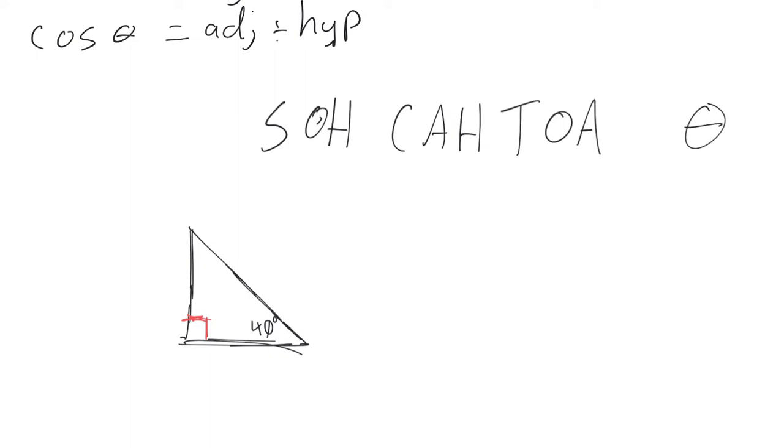Now, the next thing we're going to do, we're going to start to label some of the sides to be able to determine what we want to find out. So now we're at a point where we can start to find out the value of our unknown side. But before we can do that, we have to name each side in relation to our angle.